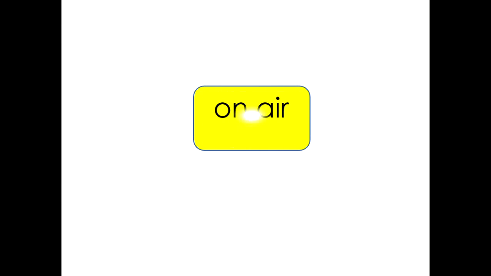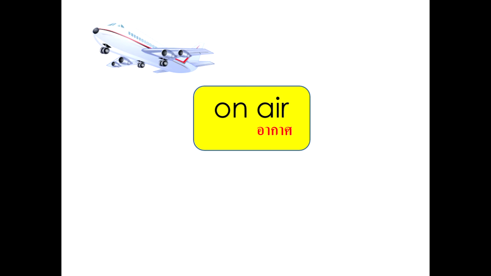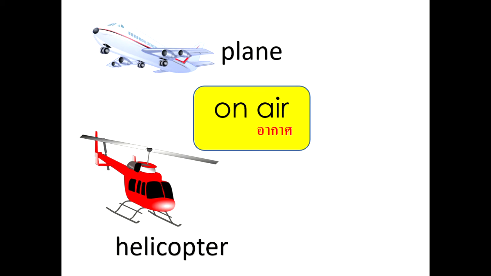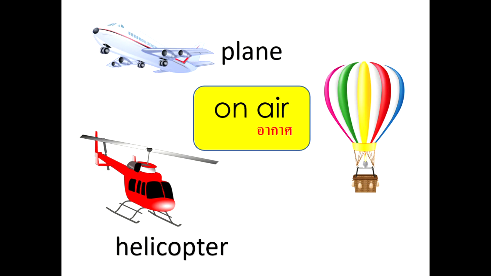There are also vehicles on air. Examples are plane, helicopter, air balloon. So those are examples of vehicles on air.